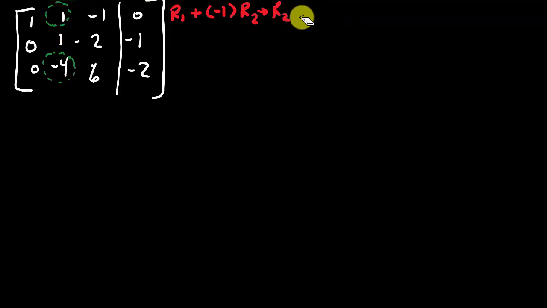I'm sorry, not replace row 2, we will replace row 1. All right, and now for the third row, I'll have to do what? 4 times row 2 plus row 3 and replace row 3.